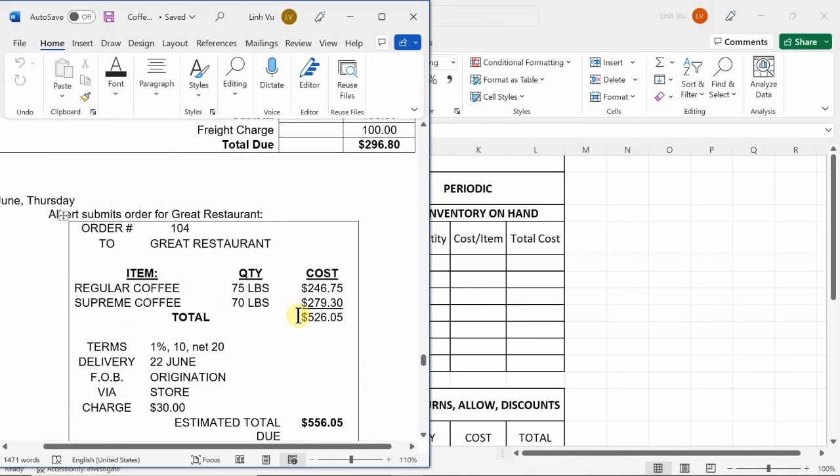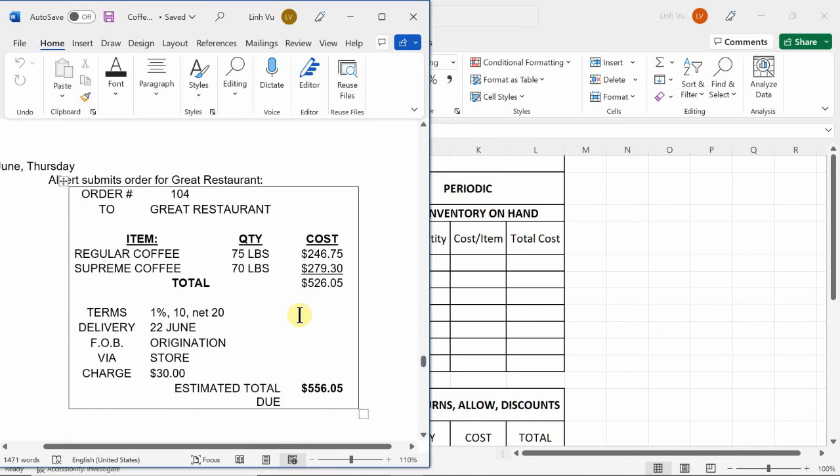Okay. So it says here that Albert submitted another order for the Great Restaurant. They wanted to order 75 pounds of regular coffee, 70 pounds of the Supreme coffee, no coffee mugs. Total came out to be $556.05.